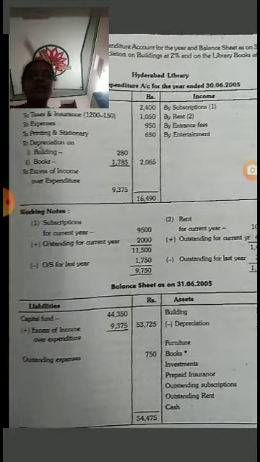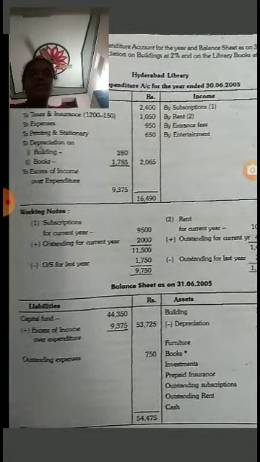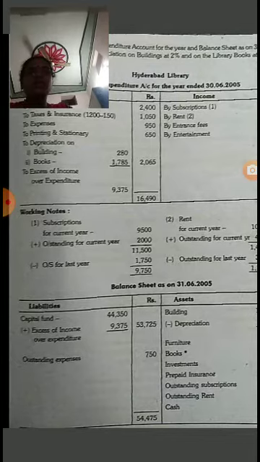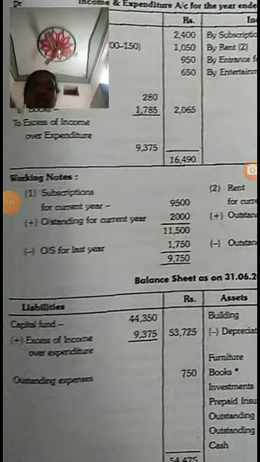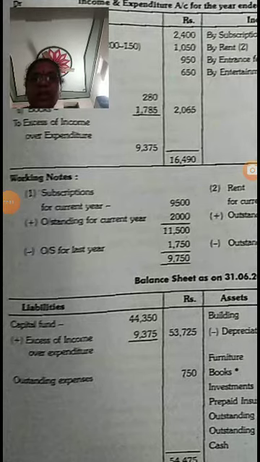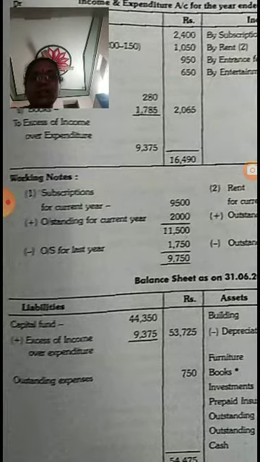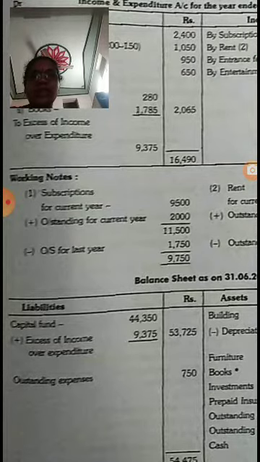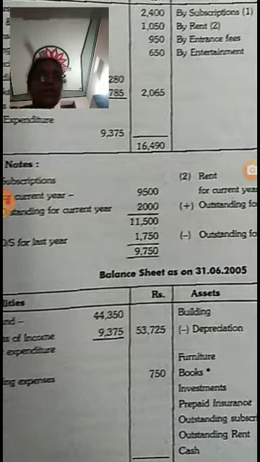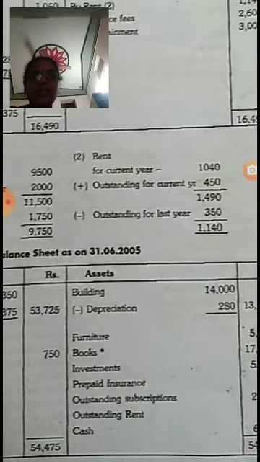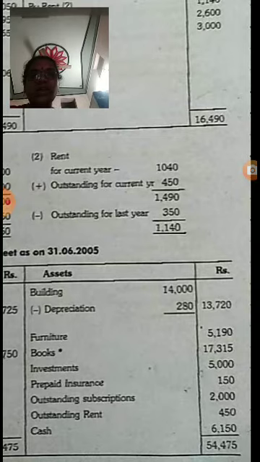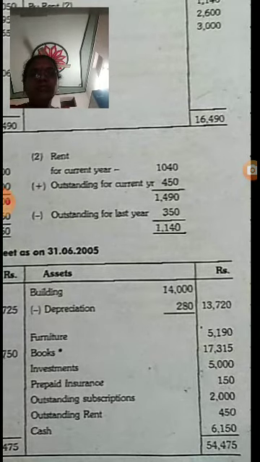Now balance sheet of the Hyderabad library. So 30th June 2005. Here capital fund is 44,350. Here add excess of income over expenditure 9,375, that is 53,725. Outstanding expenses, that is 750. Next building is 14,000 minus depreciation, that is 280, that is 13,720.